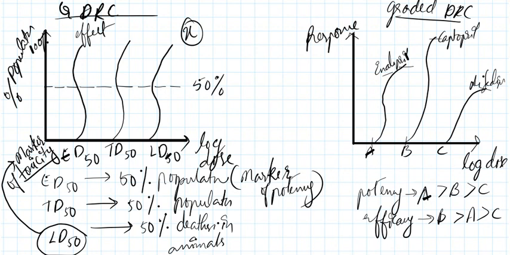The more left side the graph, the higher its potency. The more right side the graph, the least potency. So lesser dose, more potent. That means the more the graph is on the left side, the more potent is the drug.